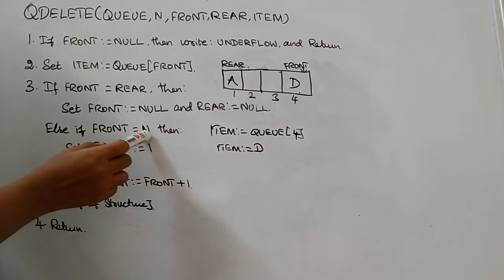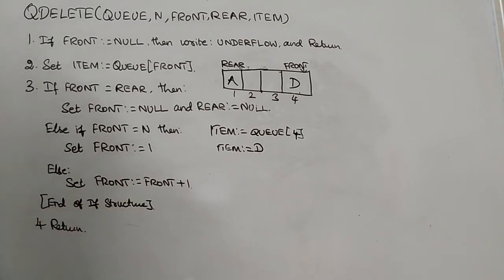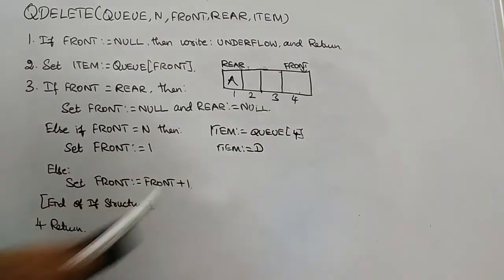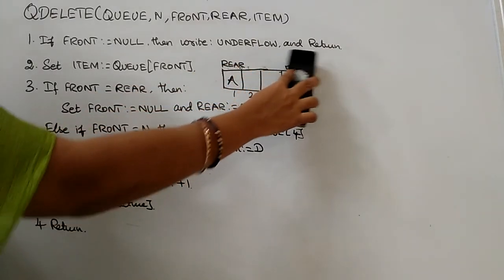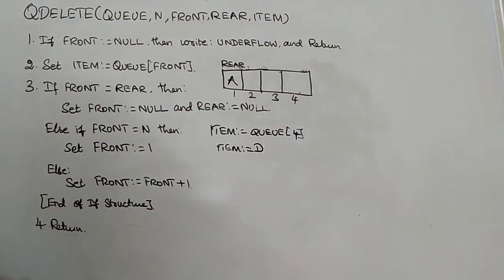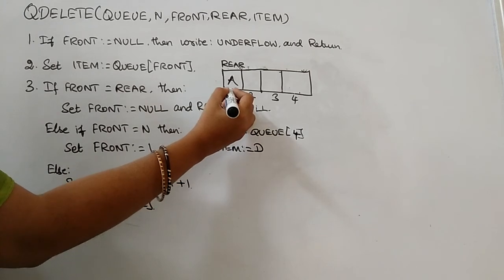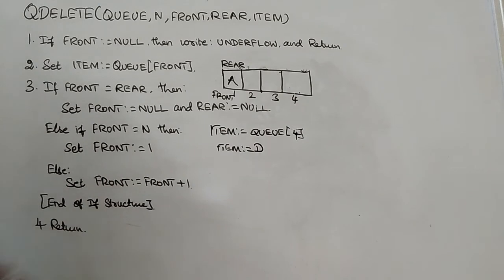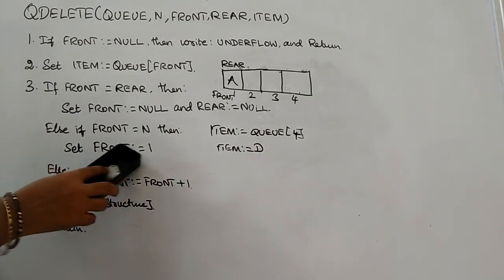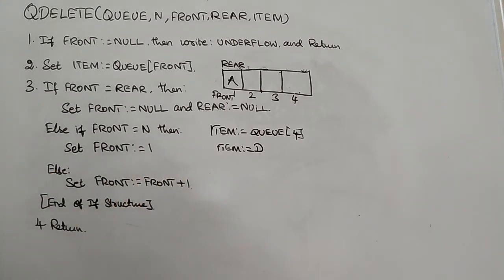Since front is equal to n, after deleting this element from my Q, front should be reset to 1, because that will be the front after removing the element. That's why I have written set front := 1.